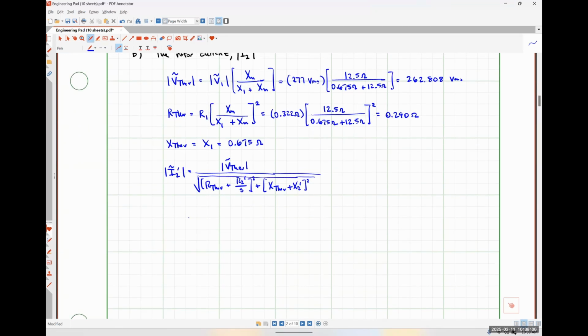And now we'll start putting in numbers. So the VThev is just the 262.808 volts RMS. Then we're gonna have the square root of 0.290.